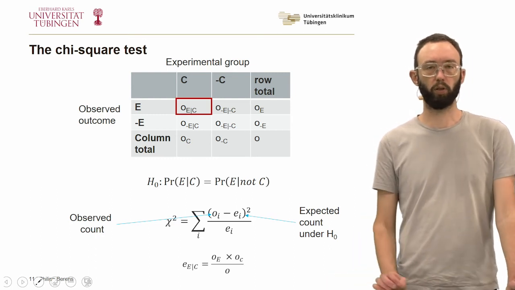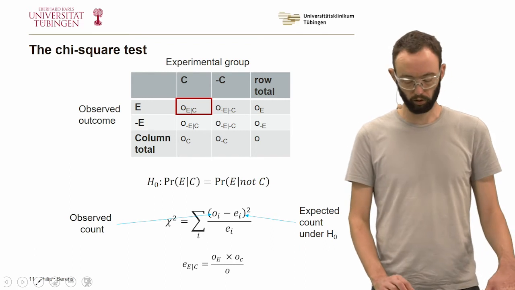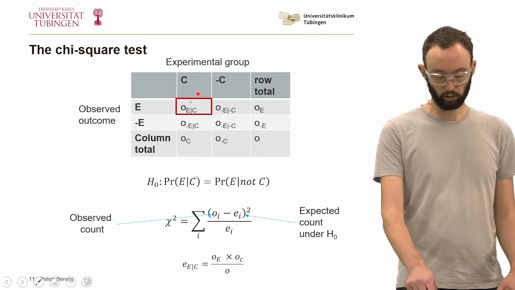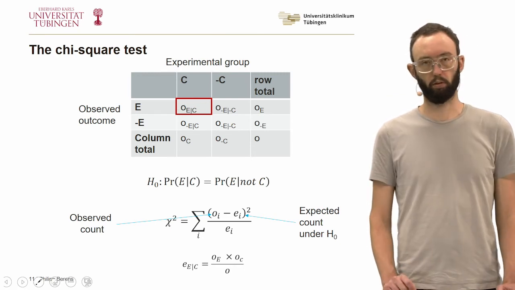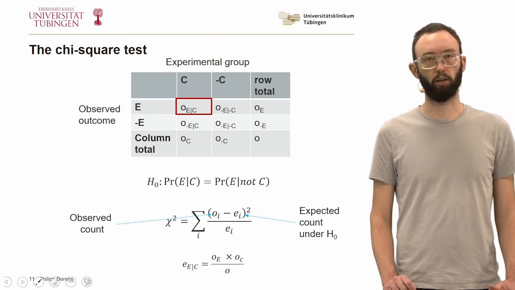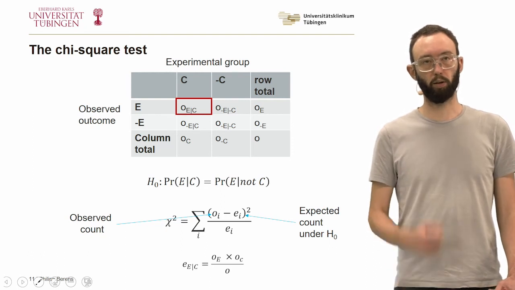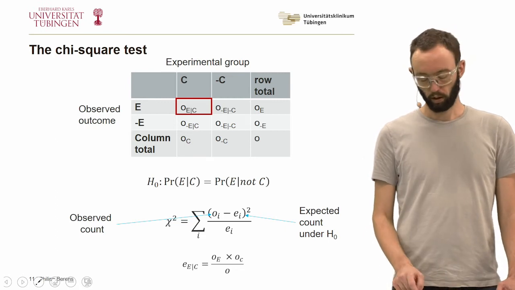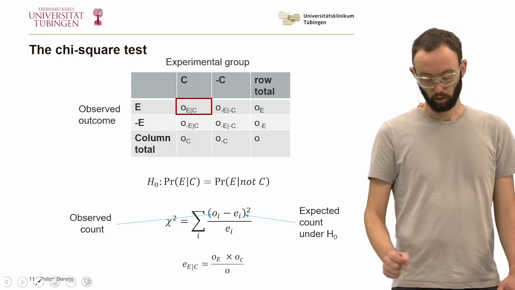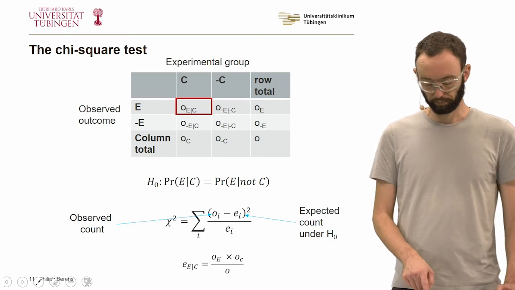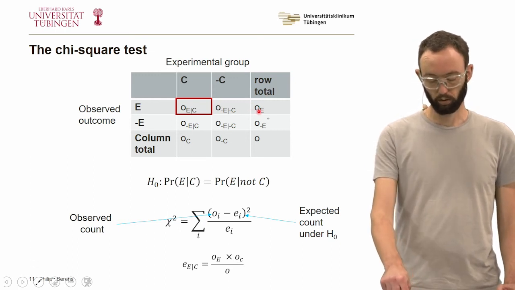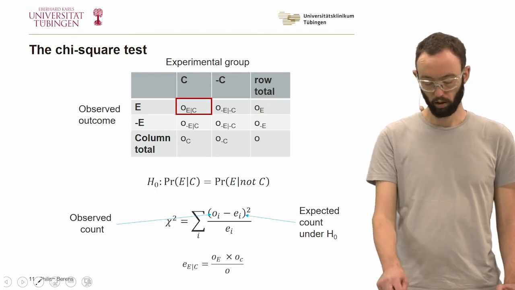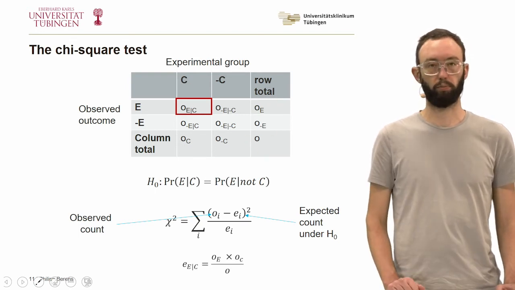So how do you compute these expected counts, assuming the null hypothesis is true? Well, let's look at the expected count for this cell here, that the sample has the observed outcome E and is in experimental group C. So this is simply the row total here times the column total there, divided by the overall count.